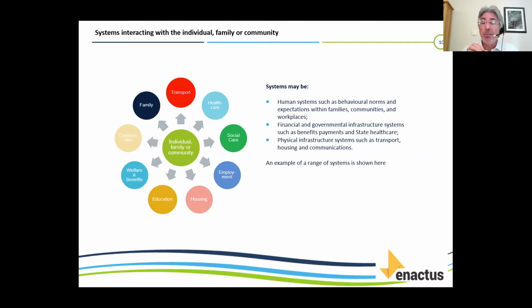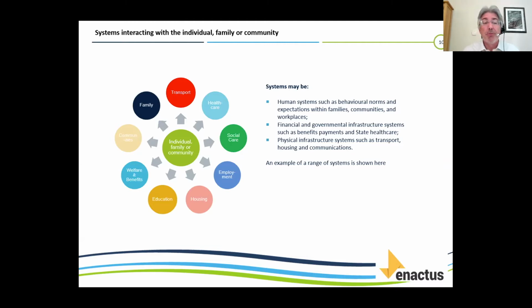So those systems can be human systems, such as ways that people behave towards them. They can be financial, government infrastructure systems like benefits. They can be physical infrastructure systems like housing, communication, transport. And we've given an example of the systems here.